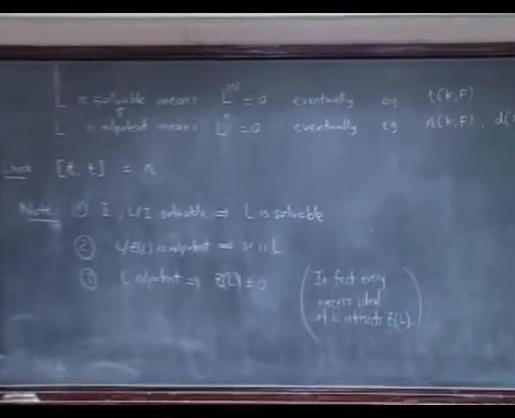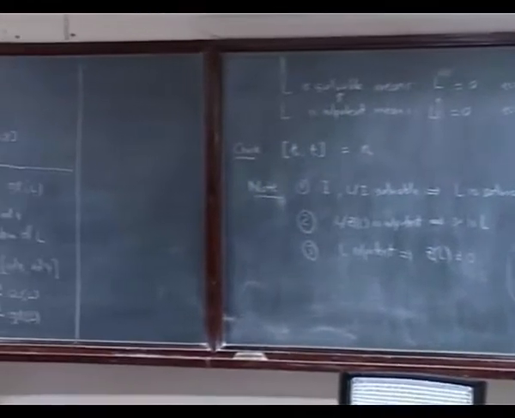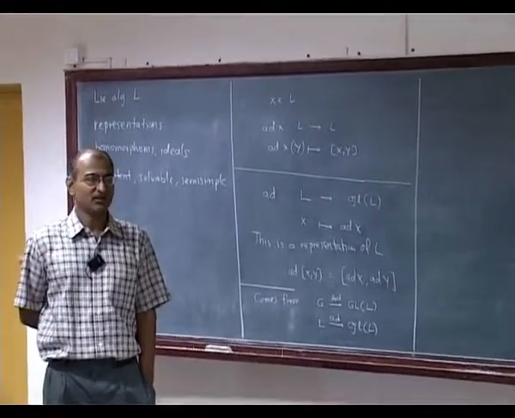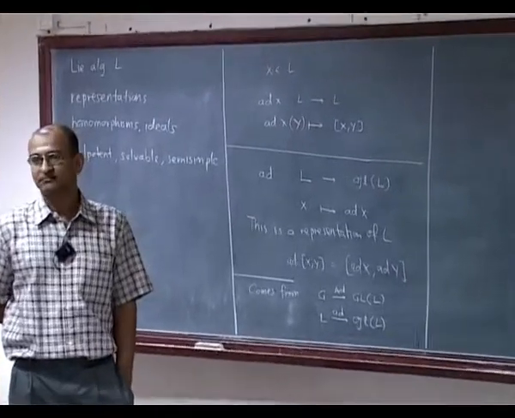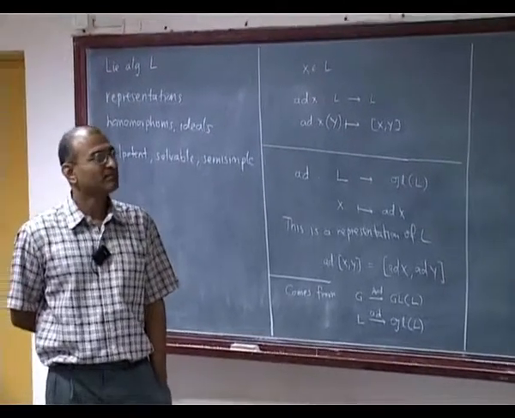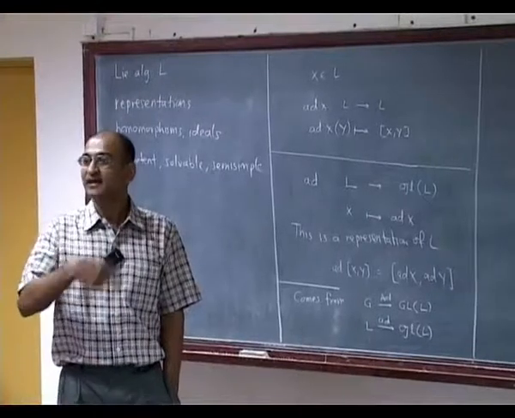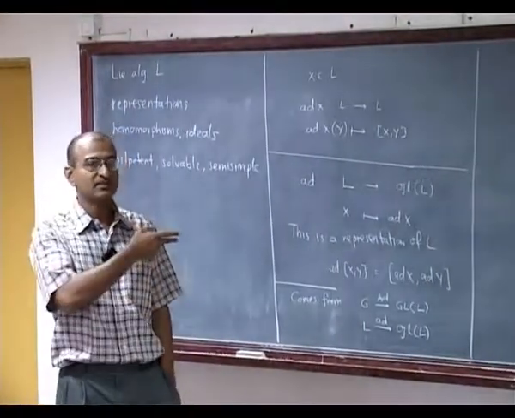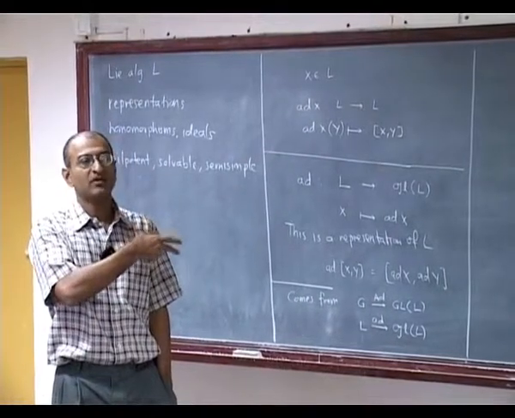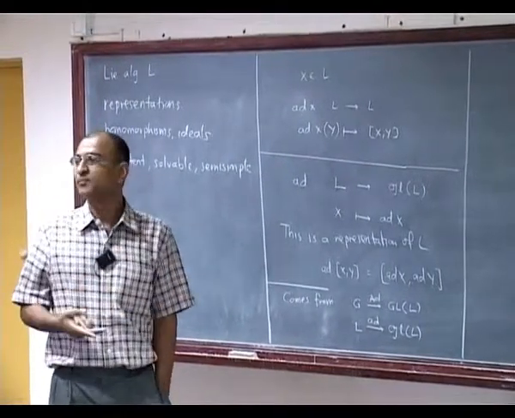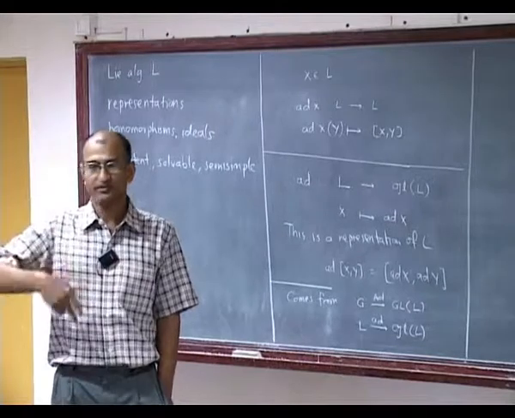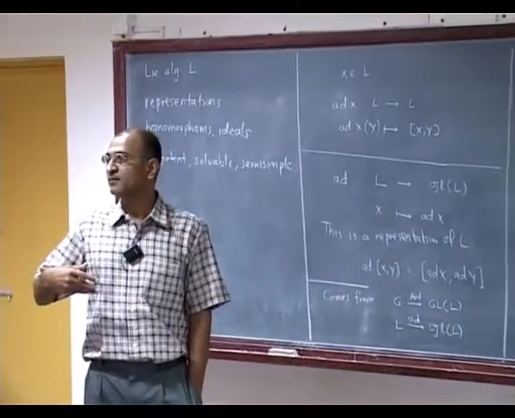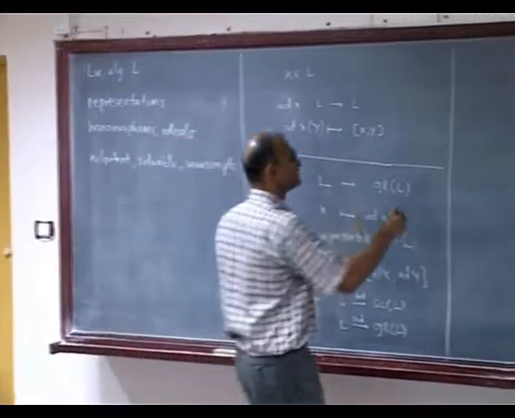I can go modulo that, which is lower dimension. And you look at that L mod Z of L, let's call it L prime. Now you see that L prime, when it acts on itself by adjoint action, is going to satisfy the same property, because L acts on itself in a nilpotent fashion. When you take a quotient, the same property is going to be true. There is absolutely no mystery.